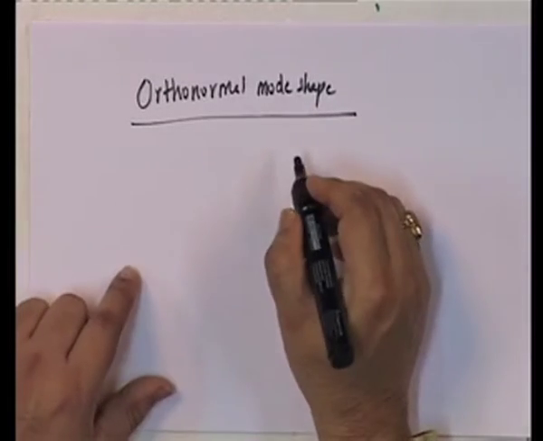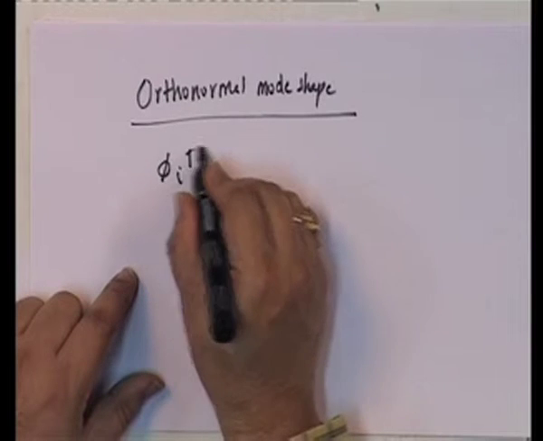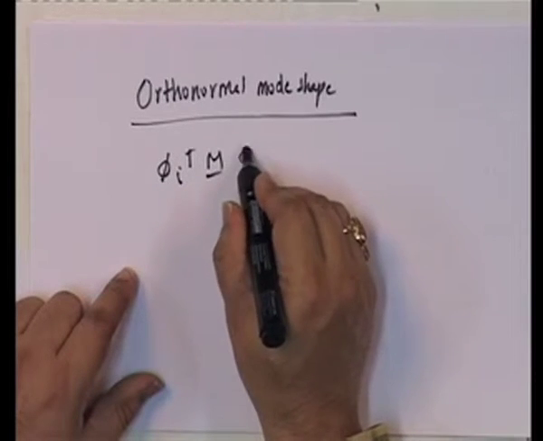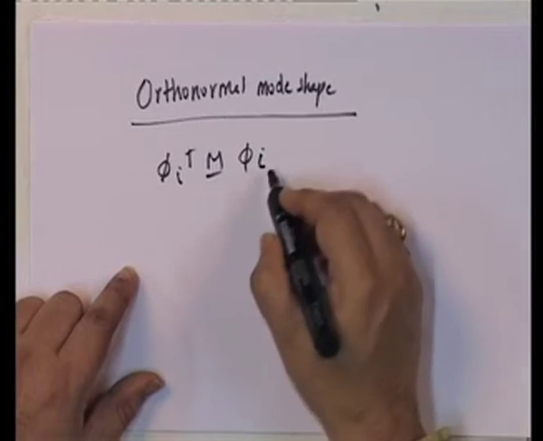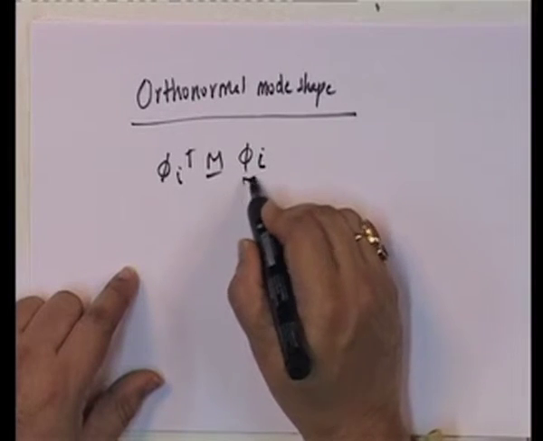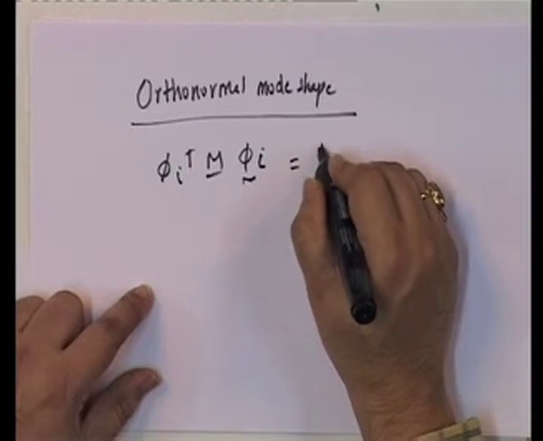What is an orthonormal mode shape? Typically, phi i transpose M phi j is 0, but phi i transpose M phi i is not 0.